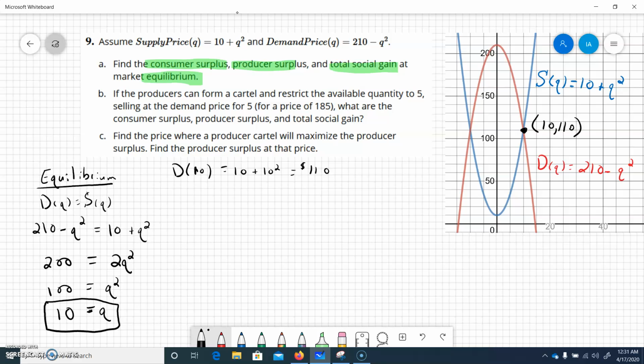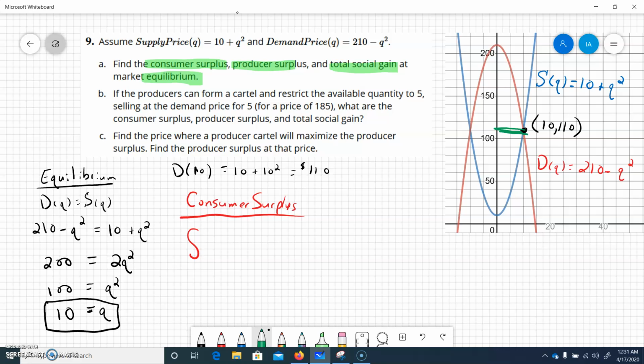So let's see here. The consumer surplus is based off of the demand. So we said that that would be equal to, we would take basically this equilibrium point and cut it off here.